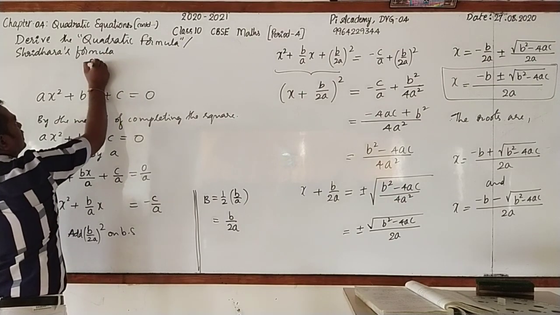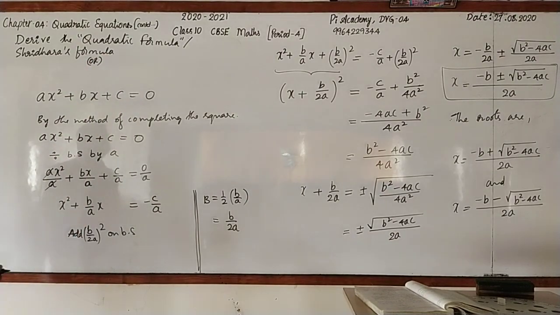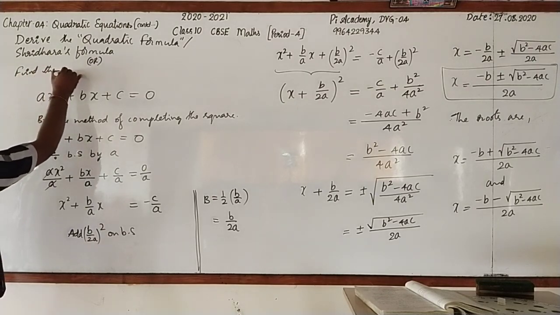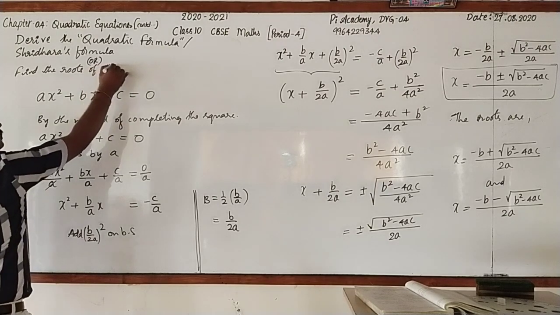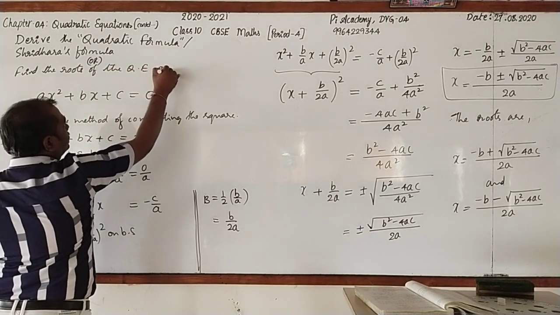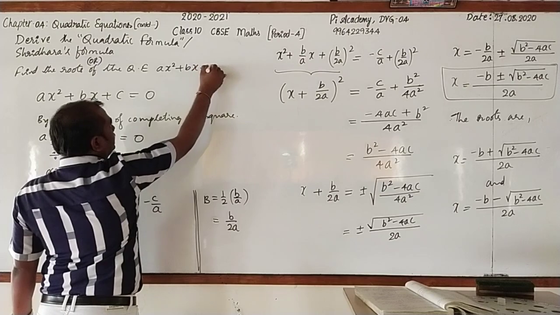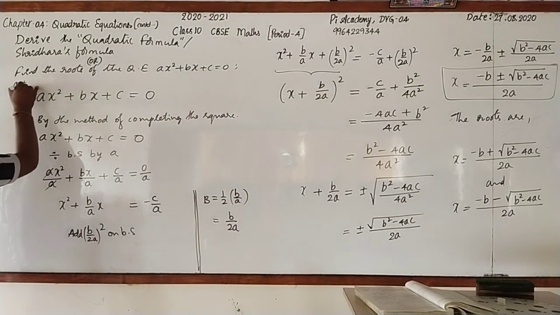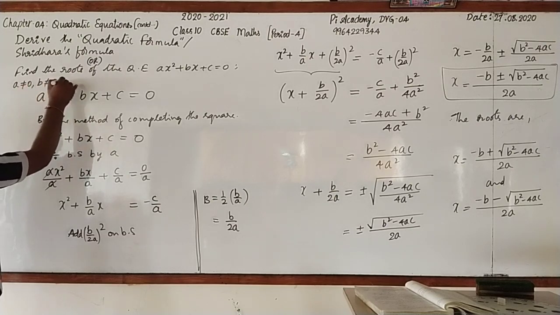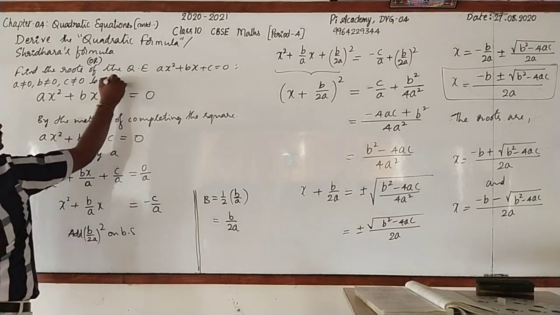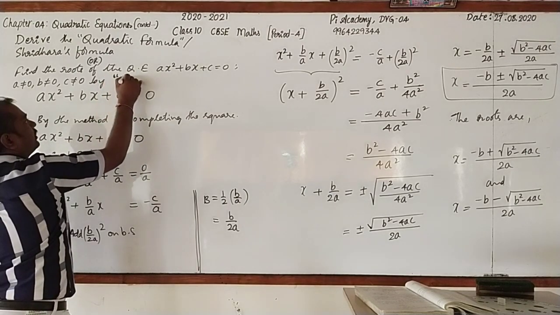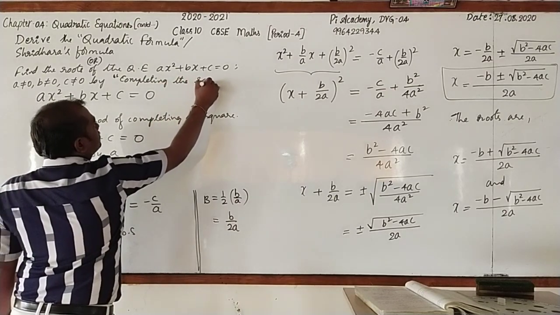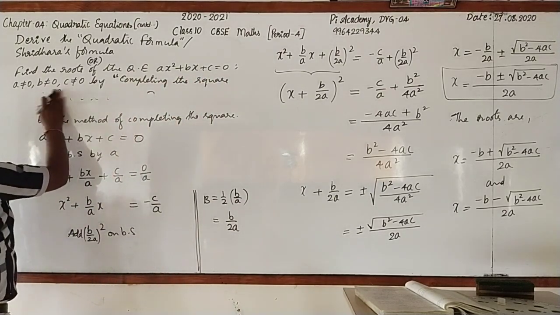Other than this, how the question can be asked? Let's say, find the roots of the quadratic equation ax square plus bx plus c is equal to 0, where a is not equal to 0, b is not equal to 0 and c is not equal to 0, by completing the square method.